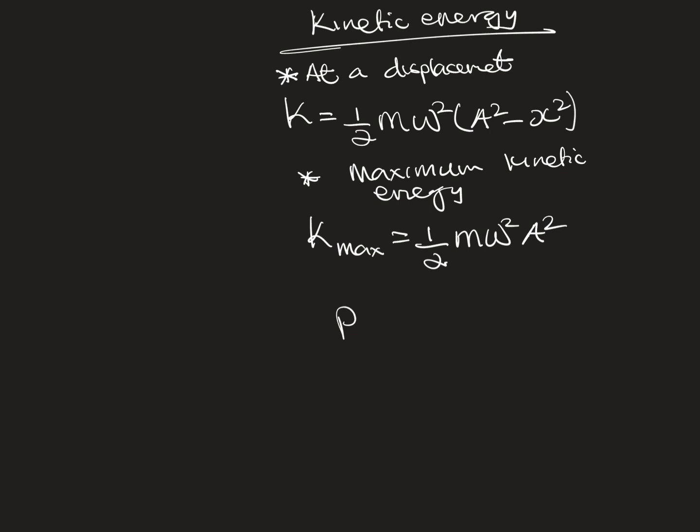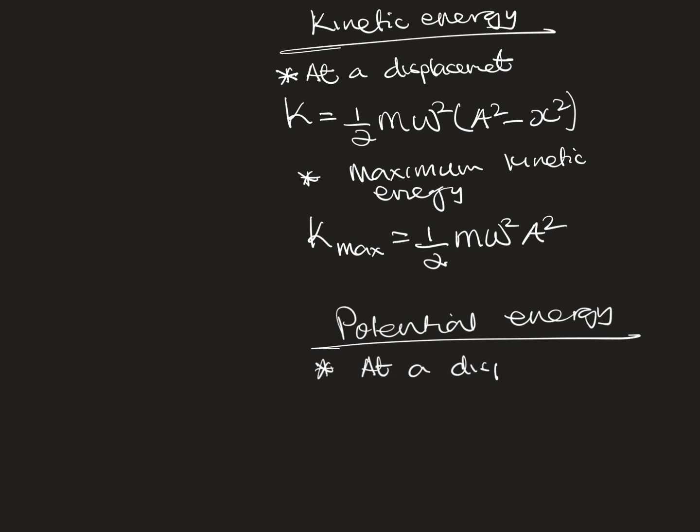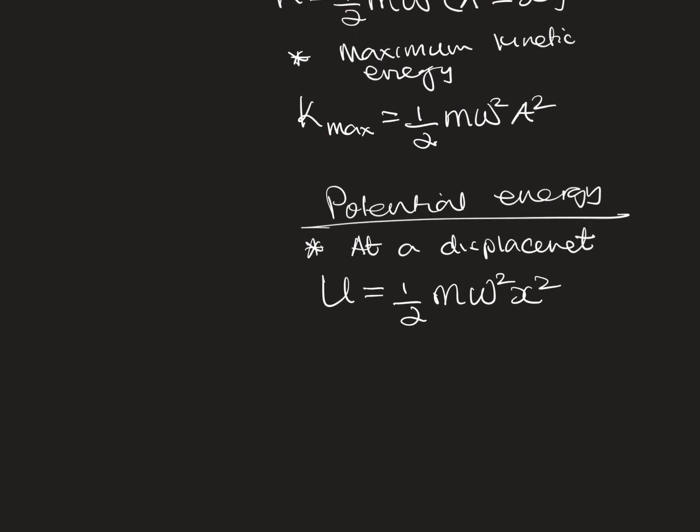Potential energy at a displacement: when they give you the displacement, U equals half m omega squared x squared. That's the formula.